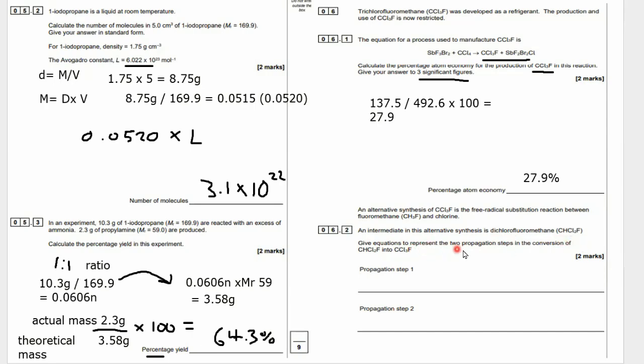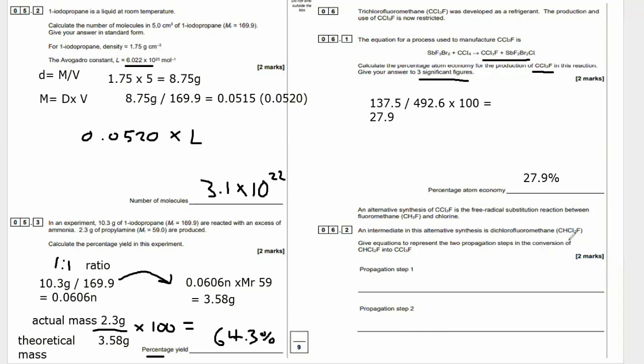Give equations to represent the two propagation steps in the conversion of CHCl2F into CCl3F. So we're looking for the propagation steps and not initiation. Initiation is when you start with a normal molecule and you end up with free radicals. With propagation steps, you want a free radical on the left in the reactants, and you also need a free radical on the right. So let's get to it.